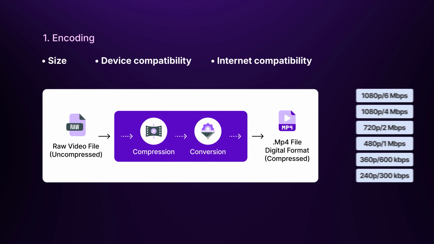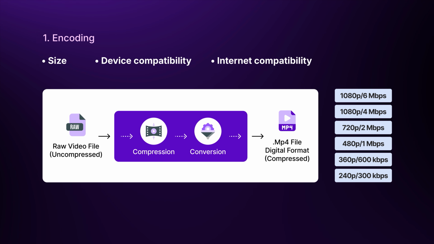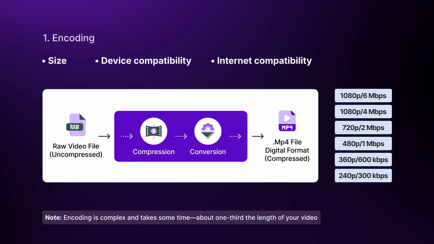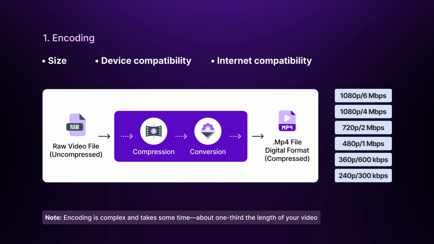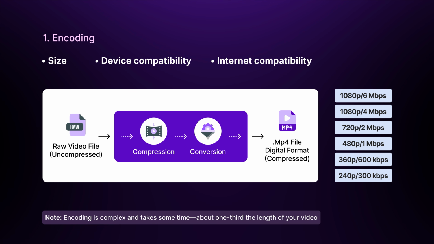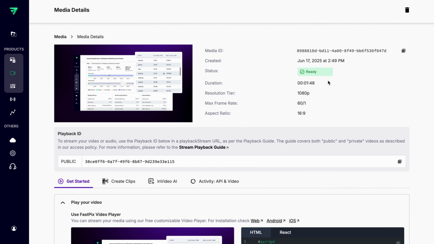And finally, different versions of your files, each at different bit rates and resolutions, are being created. This enables what is called adaptive bitrate streaming, which essentially ensures your viewers get the best possible experience, no matter their internet speeds. So, a lot is happening. Once encoding is done, the status updates to ready.